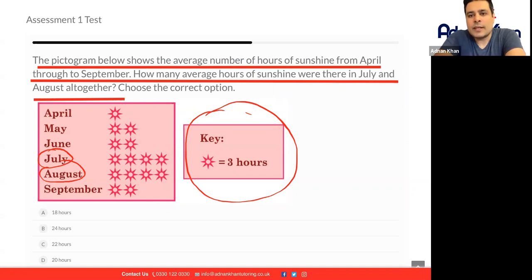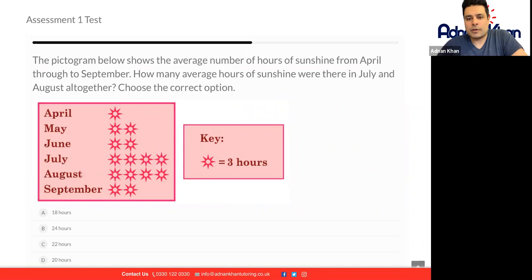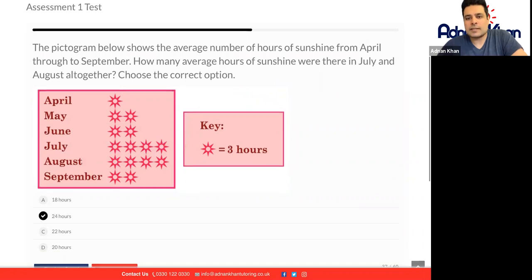So this is 3, add 3, add 3, add 3, again add 3, add 3, add 3, add 3. So we have 1, 2, 3, 4, 5, 6, 7, 8. So 8 times 3 altogether gives us 24 hours of sunshine. All right, so your answer in this case is going to be 24 hours of sunshine. So let's select section B.